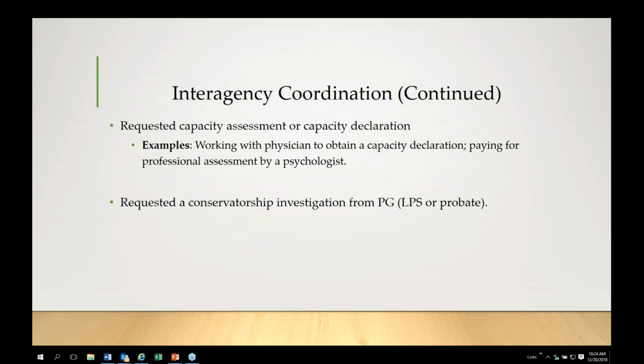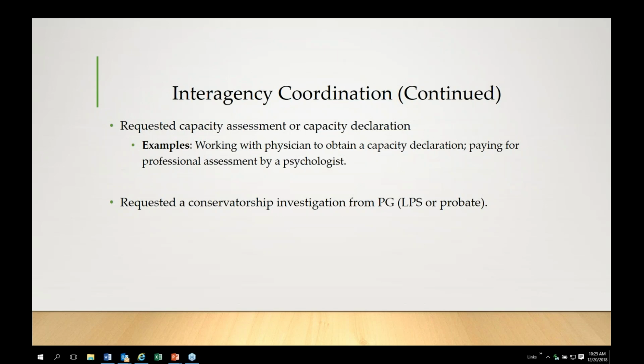So there is probably going to be a new checkbox in your case management system to let you mark that that's been done. And the last subcategory of interagency coordination in the investigation is to request a conservatorship investigation from the public guardian.